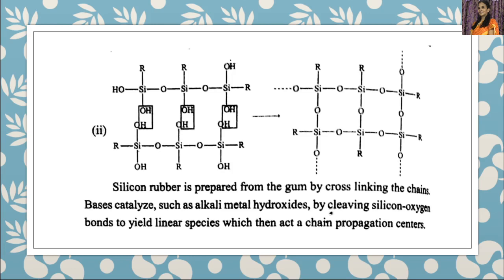So when this silicon-oxygen bond is broken with the help of alkali metal hydroxides, we get a linear species, or linear chain.